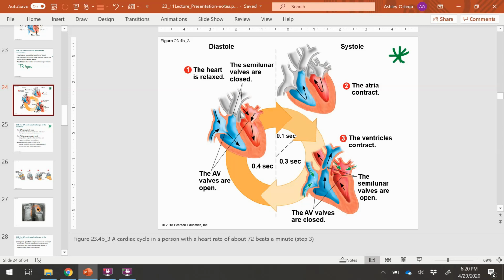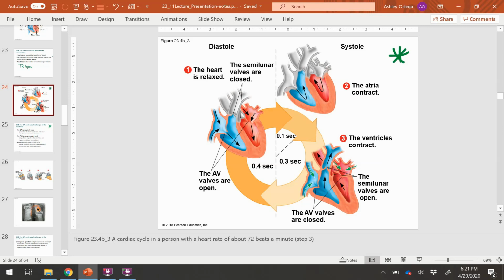Then in the next stage, about 0.1 seconds, the atria contract. This contracting will push blood from those storage chambers into the ventricle. From there, the ventricles will contract. The contracting ventricles are going to push blood from the ventricle out through the arteries.